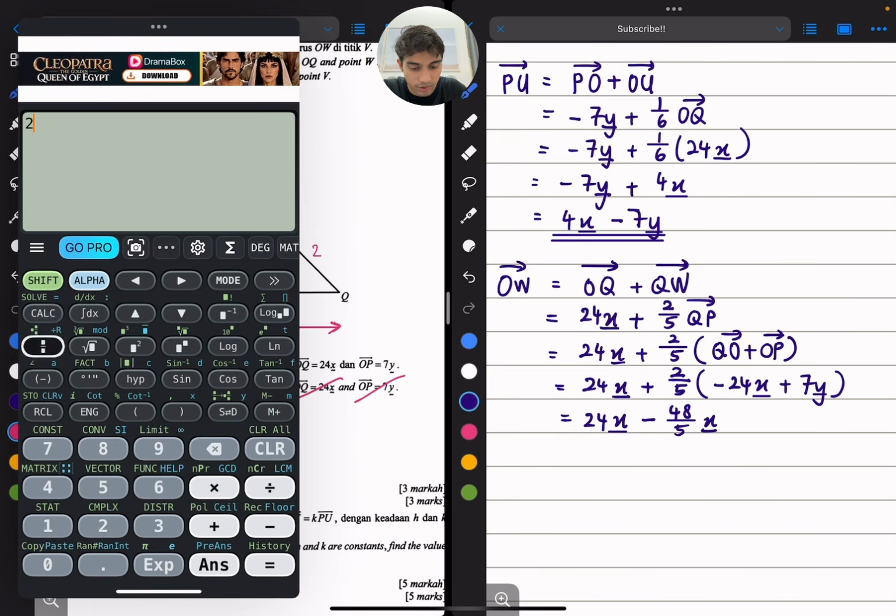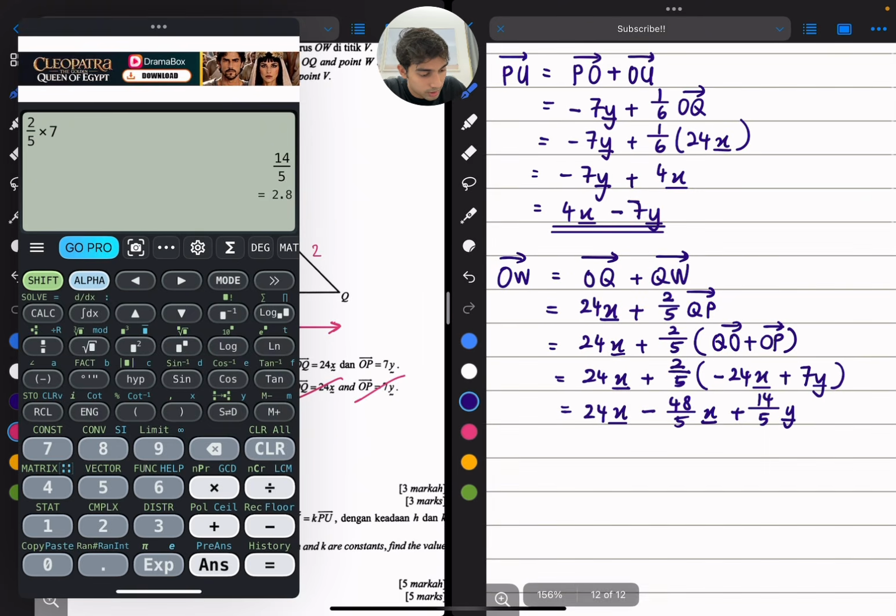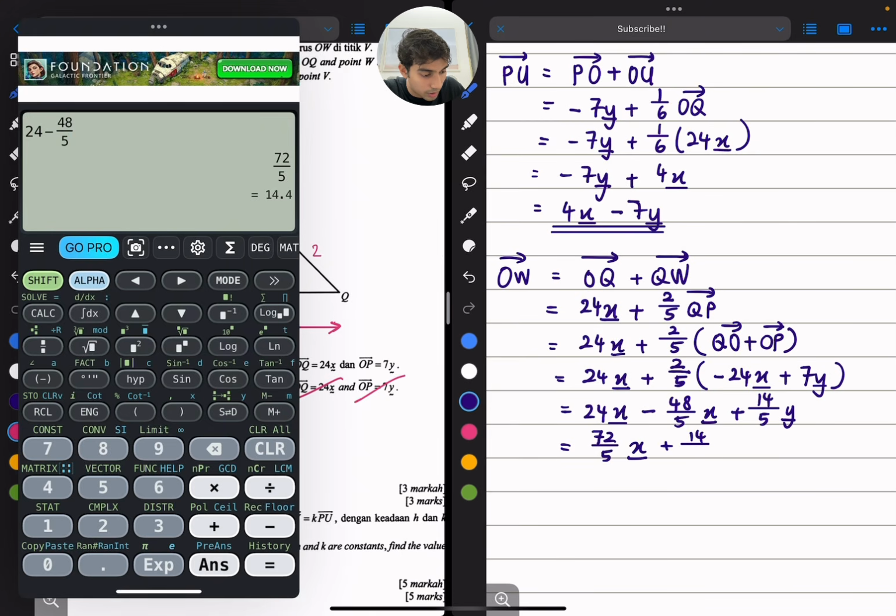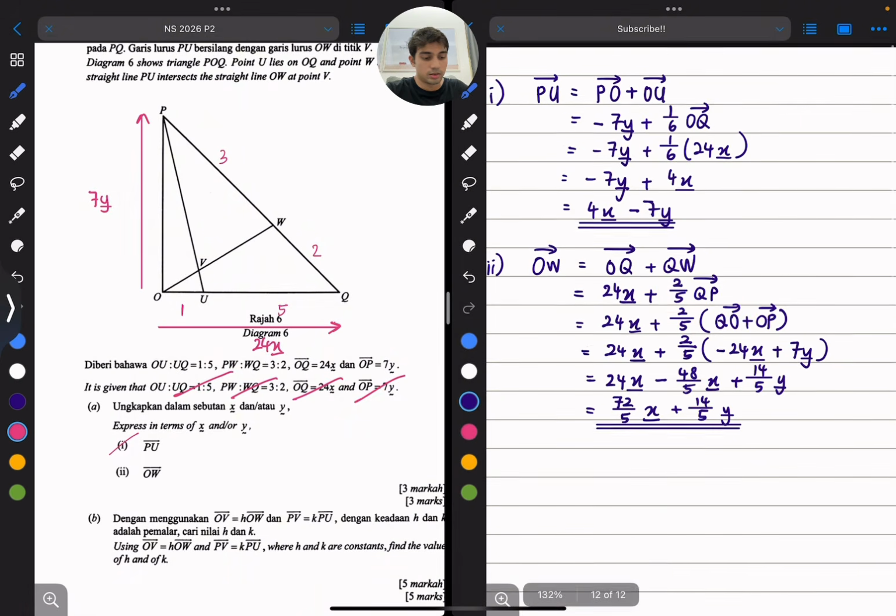Then 2 over 5 times 7 is 14 over 5. Alright. Then the x's we can add together. 24 minus 48 over 5, we get 72 over 5x plus 14 over 5y. Done. That's it.